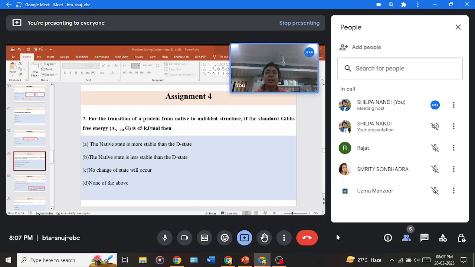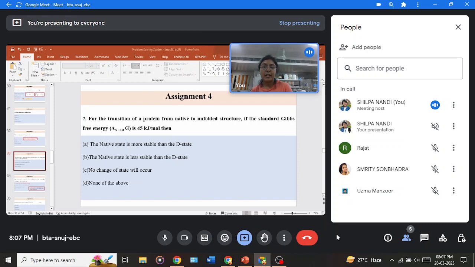So the native state is represented by N, and the unfolded state is represented by D. When there is a transition from the native to the unfolded structure, the standard Gibbs free energy is represented by delta N to D G. In this case, if the value of this standard Gibbs free energy is 45 kilojoule per mole, what will you say about the native state and the D state?